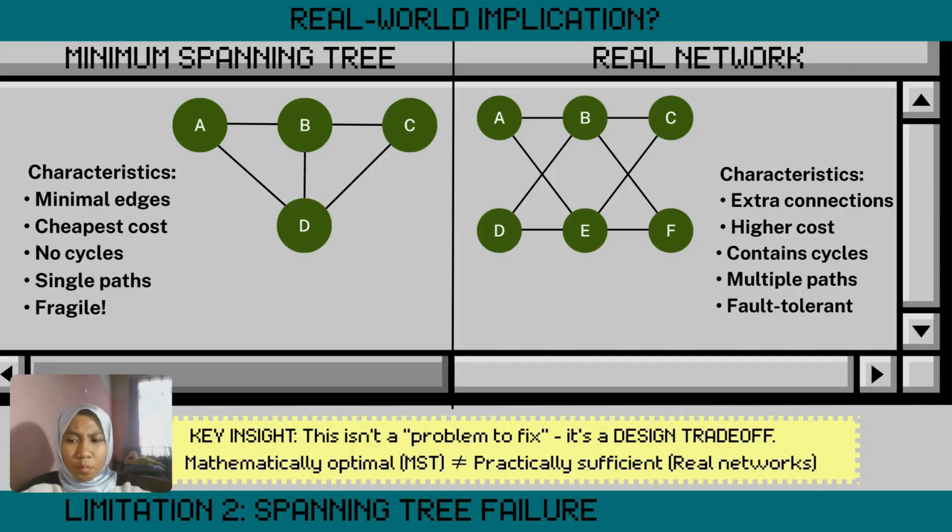This is not a problem to fix in theory, but a fundamental design trade-off between minimal cost and reliability. Together, these limitations teach us that theoretical optimality does not always mean practical usability. Real-world systems often need balanced trees for performance and redundant connections for reliability. Understanding these limitations can help us choose the right data structure and design much better.